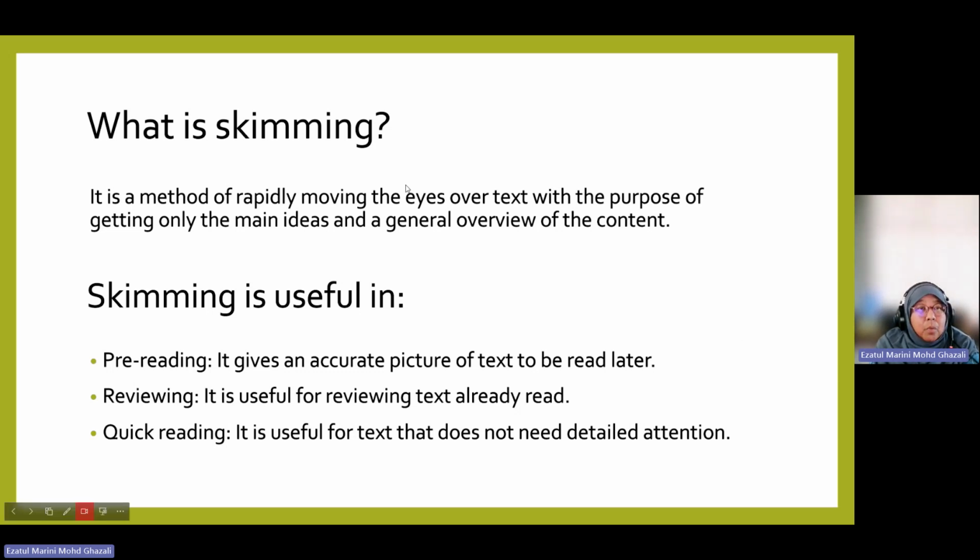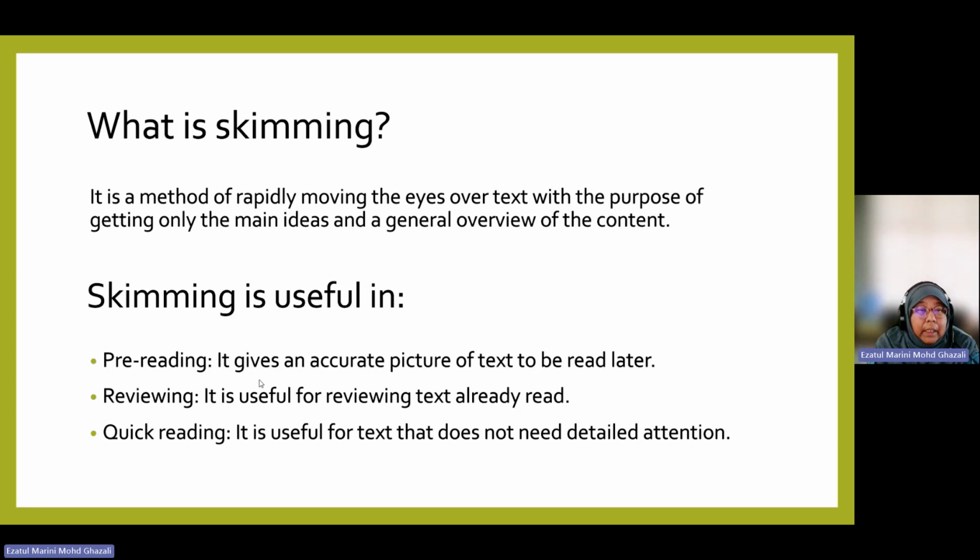All right. So when is skimming useful? Skimming is useful in pre-reading because it will give you an accurate picture of the text to be read later. It is also useful in reviewing, because whenever you have read an article, speed reading will help you to remember most of the information that you have gathered from the text earlier.